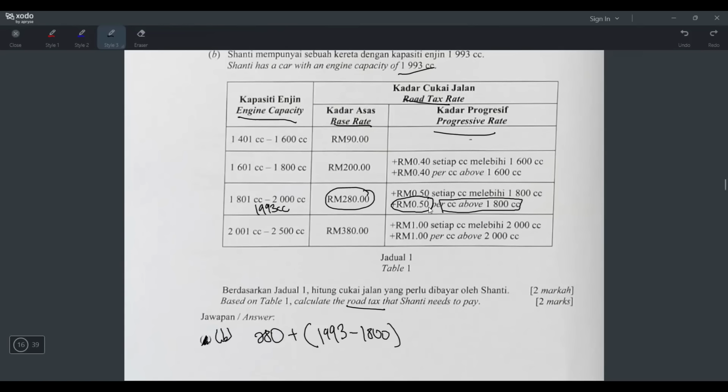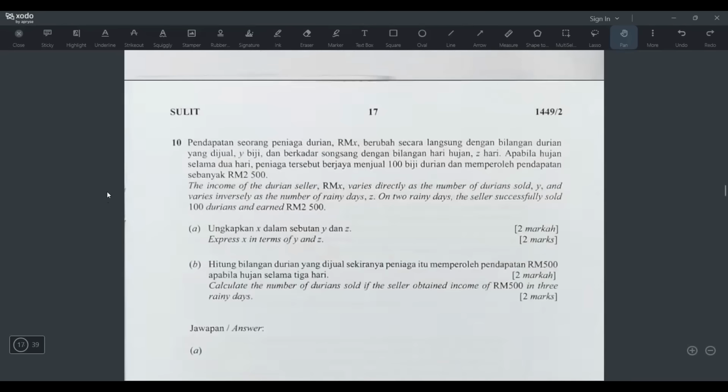And then for every CC, you pay an extra 50 cents, so times 0.50. You just press all these and you get the answer. But make sure you press minus first, and then times, and only after times you plus. Add last. So the answer is RM 376.5. And every time you write RM, it must have two decimal places. So yeah, that's all. Done.